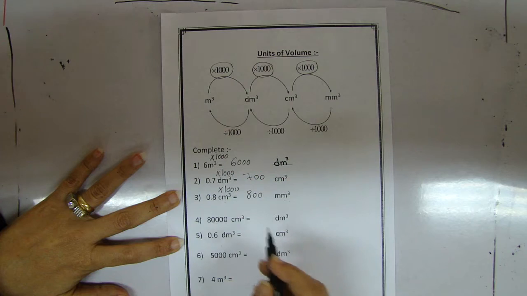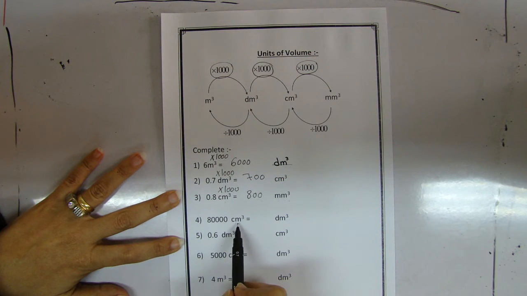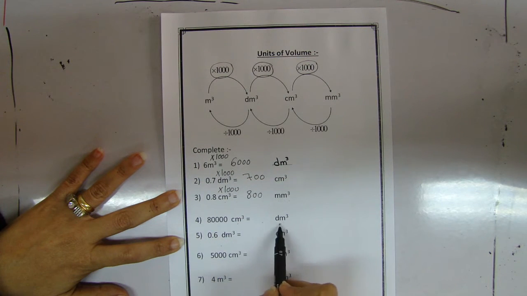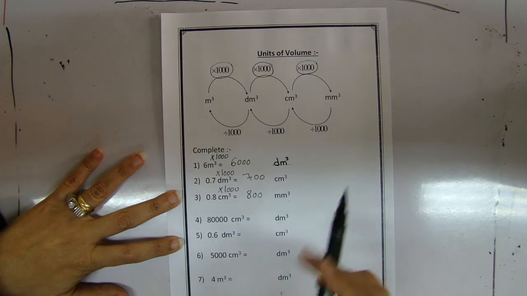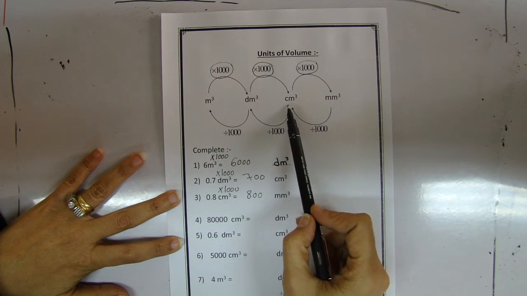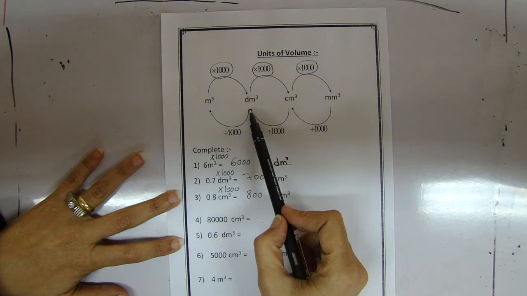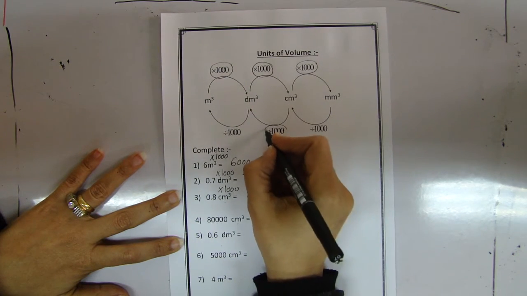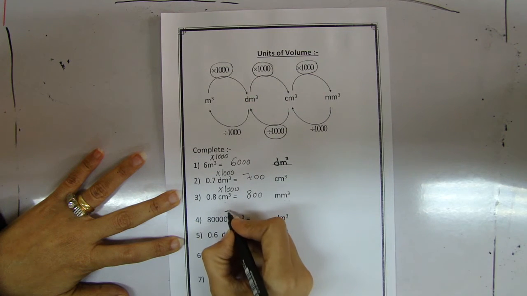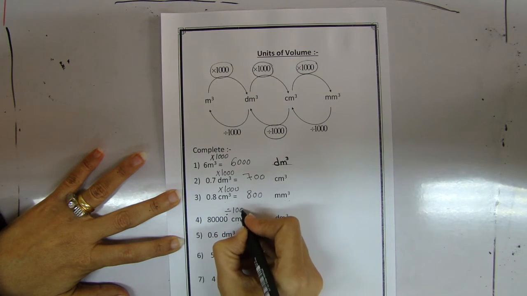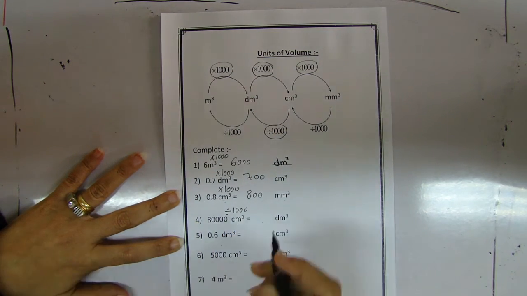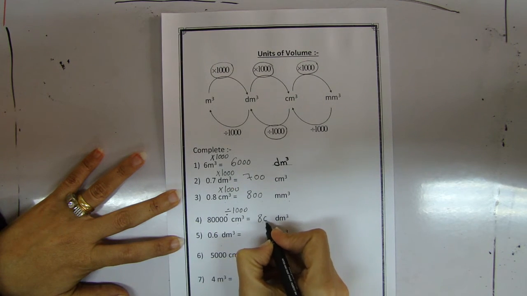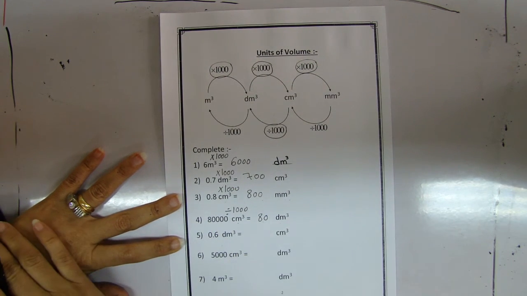Then, number 4, 80,000 cubic centimeters equals what cubic decimeters? From cubic centimeters to cubic decimeters, divided by 1,000, then equals 80 cubic decimeters.